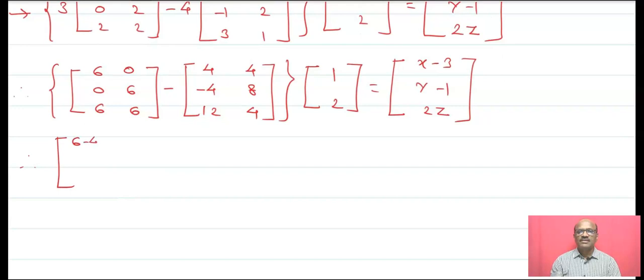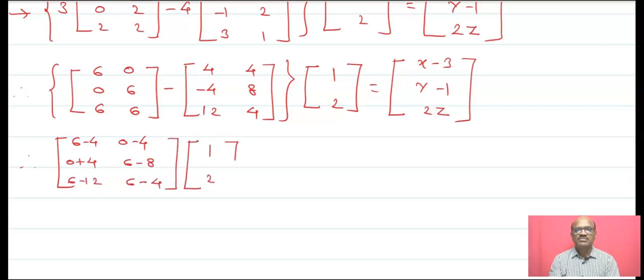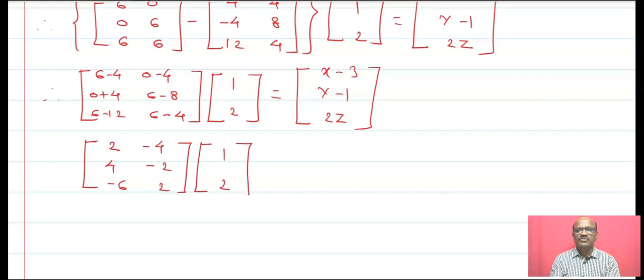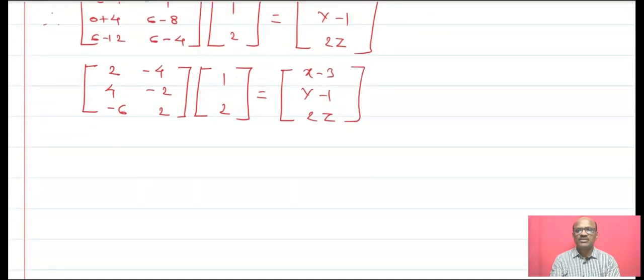Therefore, the respective algebraic subtraction is there: 6 minus 4, 0 minus 4, 0 plus 4, 6 minus 8, 6 minus 12 and 6 minus 4, that's equal to [x - 3, y - 1, 2z]. Therefore you will have [2, -4, 4; -2, -6, 2], and on the right hand side [x - 3, y - 1, 2z]. Now their respective equality.